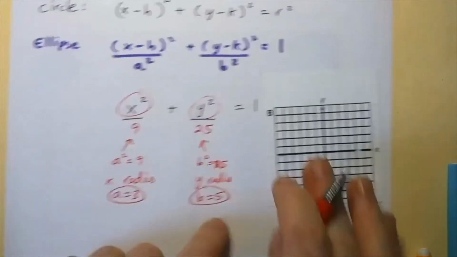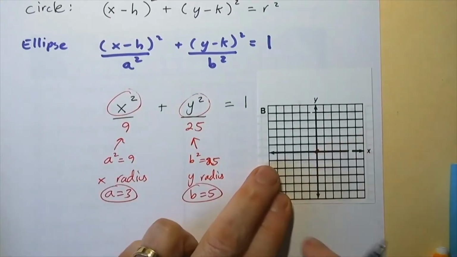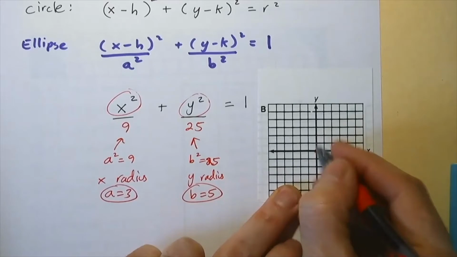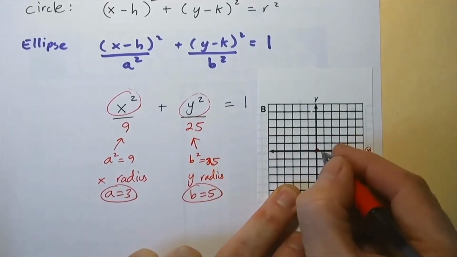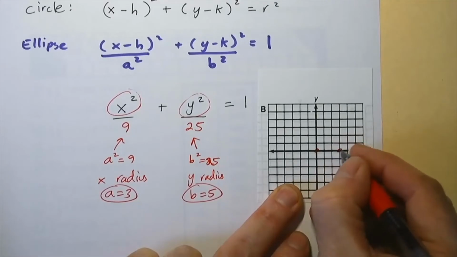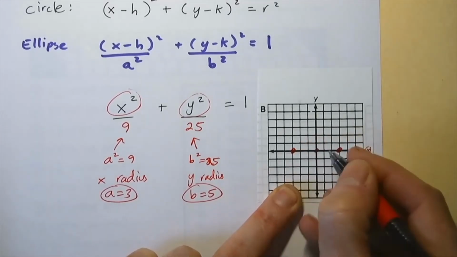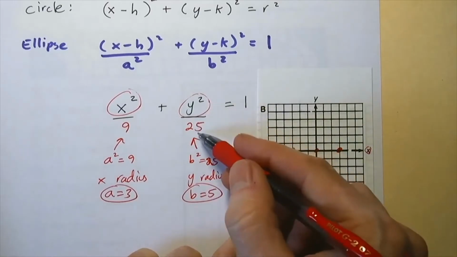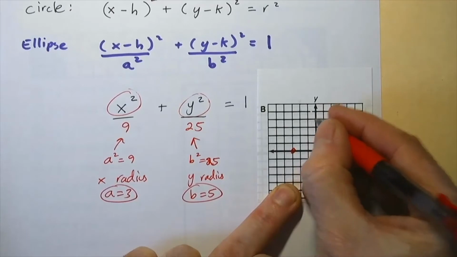Okay, so let's draw it. I didn't put anything next to this, so we're going to start at 0, 0. That's the center. Okay, so what's the radius? The x radius is 3. So in the x direction, go 3. 1, 2, 3. 1, 2, 3. In the y direction, it says 25. That's the y radius. Go 5. 1, 2, 3, 4, 5.